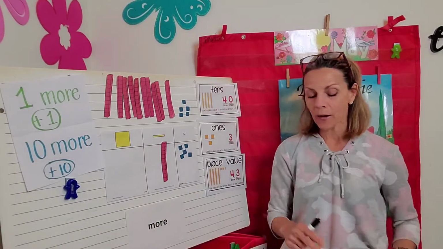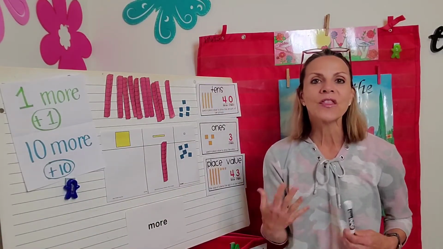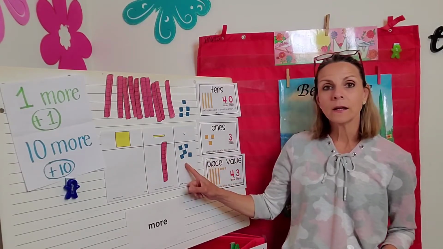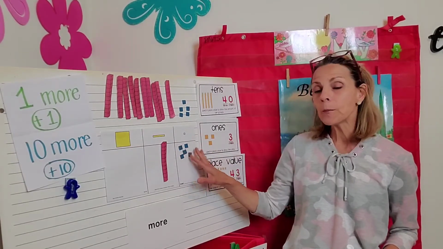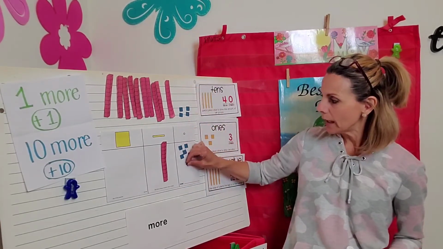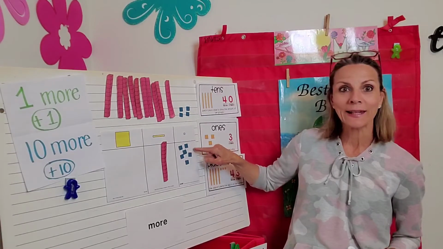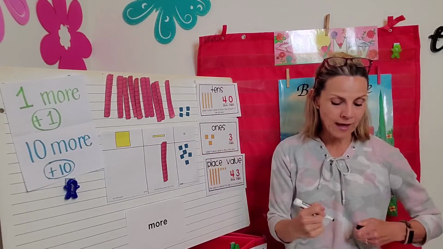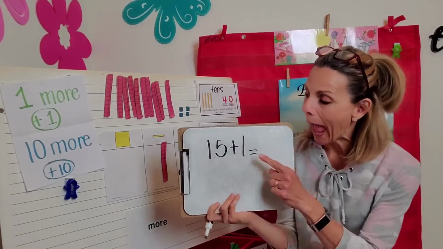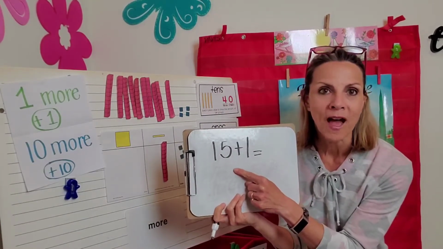Okay, so I've got all that ready. And so we were thinking about when we add 1 to a group of ones, we're going to be pulling down 1 counter and putting it with the collection of 5 already. And we were also thinking about showing our work below the math problem.